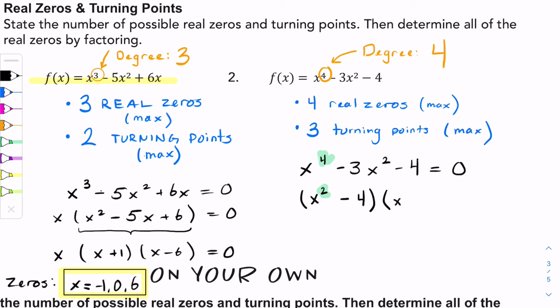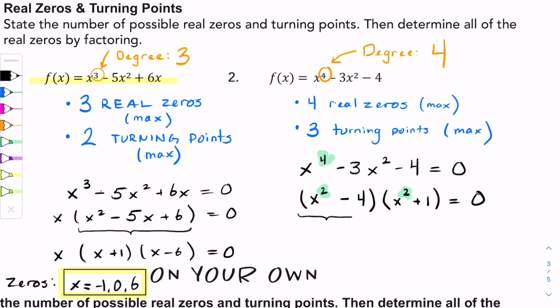Multiplied by x squared plus 1. And this is equal to 0. Think to yourself, if I was to distribute these and multiply this back out, I know that I would end up back with my correct exponents. So you always need to check, make sure your exponents are matching.